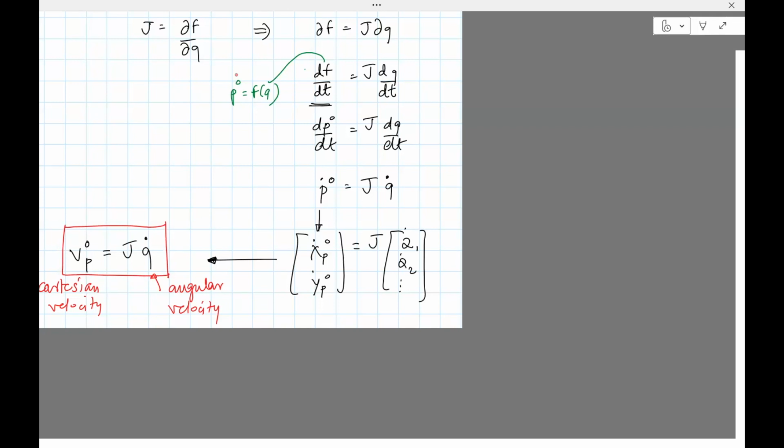So we can find the velocity of any point P using the Jacobian. It's just J times q dot. So let's see how to apply this to a double pendulum. I'll draw a double pendulum and then find velocities of, let's say, the center of mass.